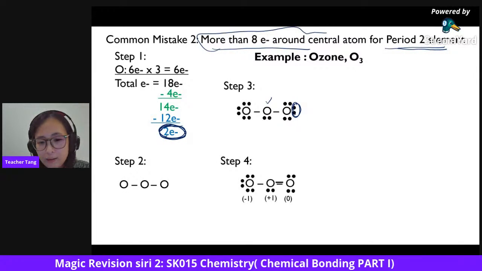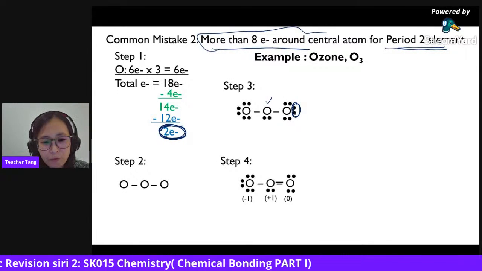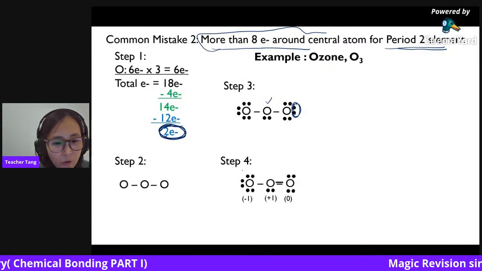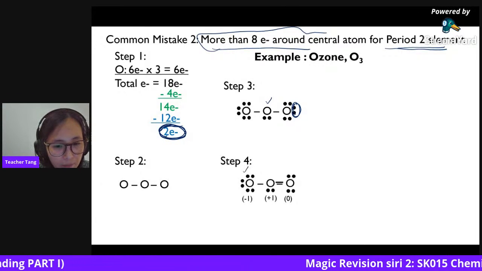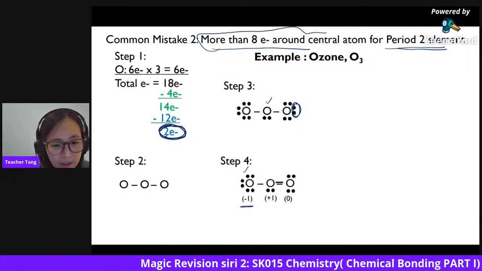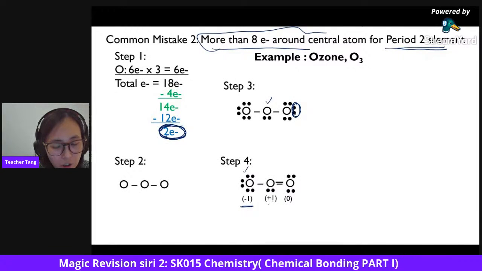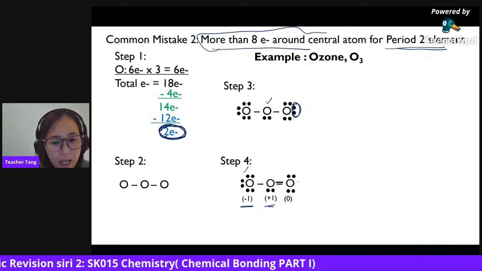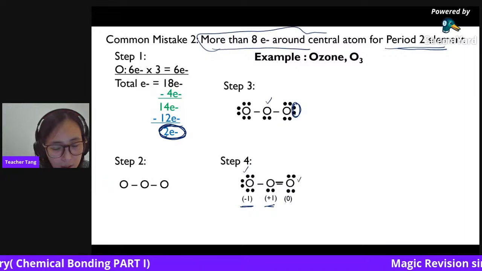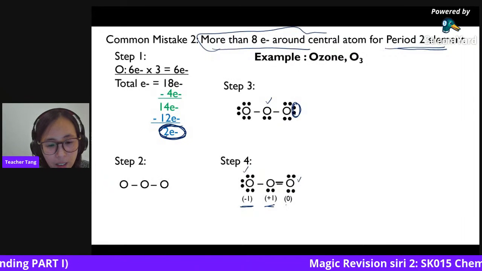After step 4, the formal charge for the first oxygen, with the single bond, is -1, the central oxygen is +1, and the other terminal oxygen involved in the double bond is 0.